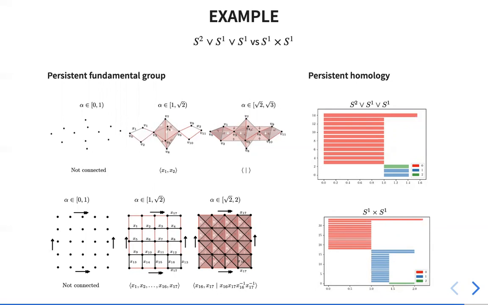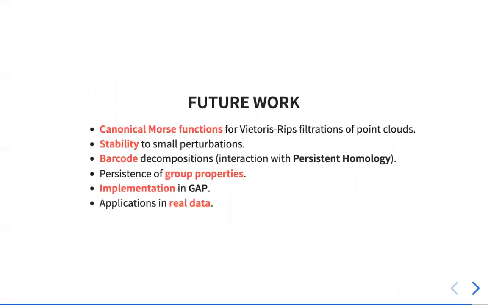Again, this is a project that is in an early stage, so I still have many things to think about. In particular, how to combine all this information with information from persistent homology.